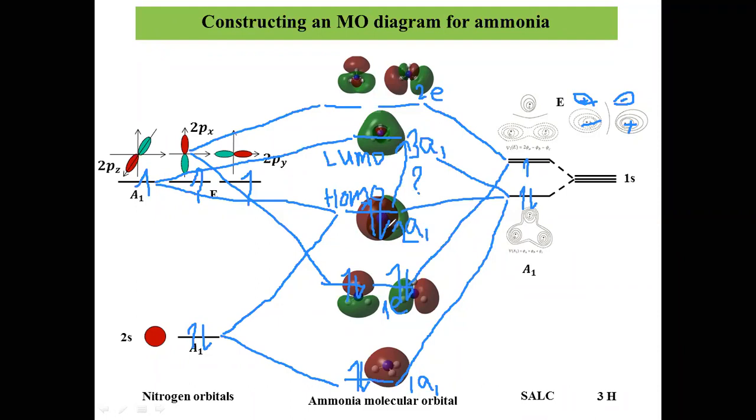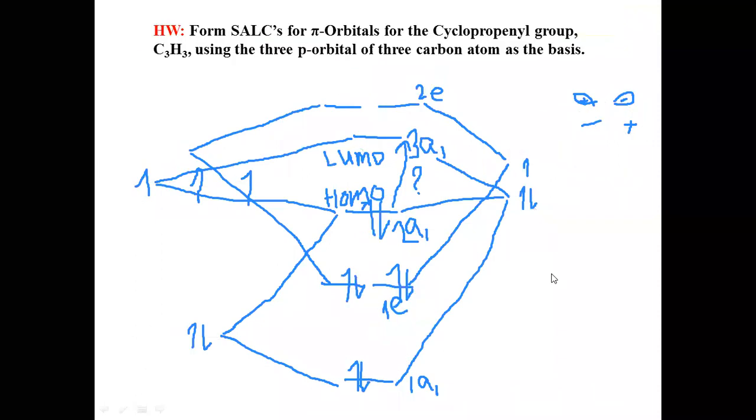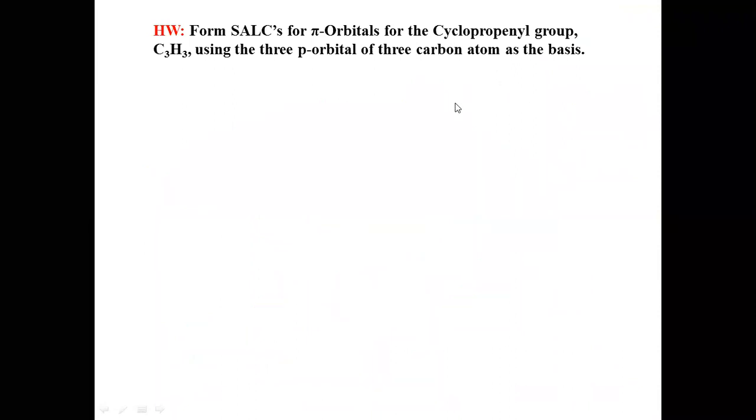Okay, now before I close this, I'd like to see if you are able to do your home assignment. This was in your home assignment: form SALCs for the pi orbitals of the cyclopropenyl group using the 3pz orbital on each carbon atom as a basis.